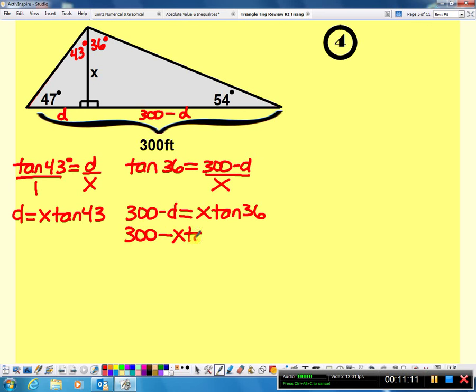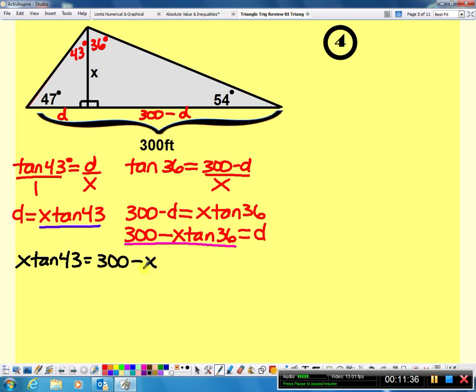If you're wondering why I did that, because I'm thinking if d equals this and d equals that, then I'm just going to set this equal to that. So I'm just going to say that x tan 43 is equal to 300 minus x tan 36. And x is what I'm wanting to solve for, so as soon as I isolate x, I'll have my answer.